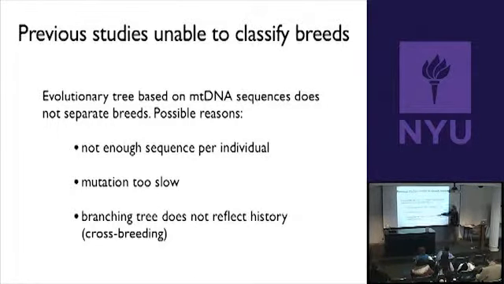Another problem, as you saw, is that in some cases, the wolf sequence and the dog sequence were identical, okay? And what that essentially means is that the mutation rate is not fast enough for a bunch of changes to have accumulated between those sequences. So maybe if mutations were faster, then we'd be much better able to tell breeds apart easily, because there would be more changes to look at.